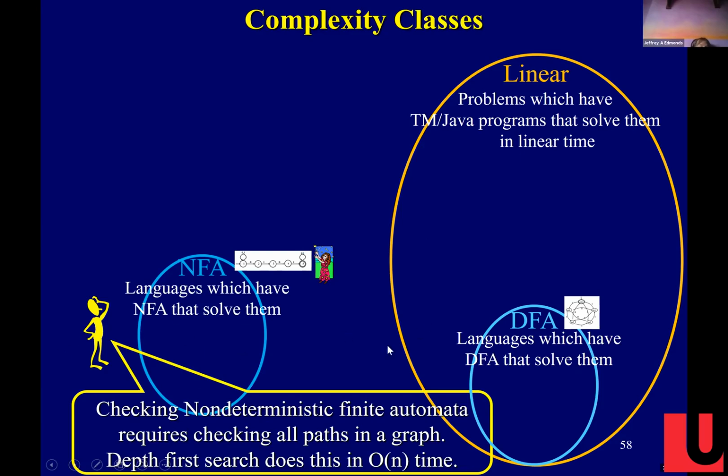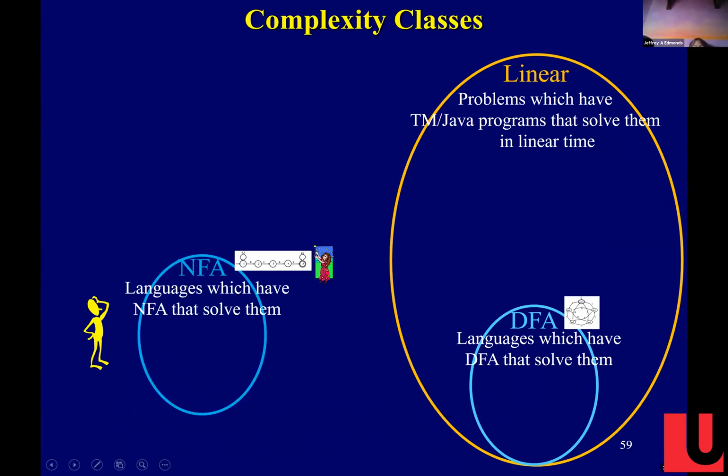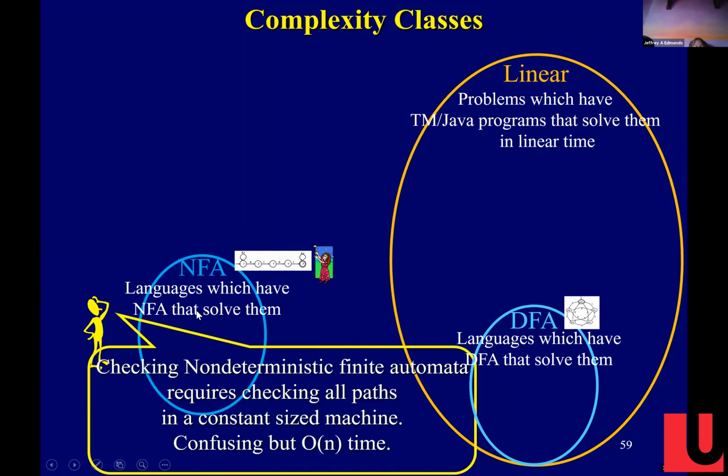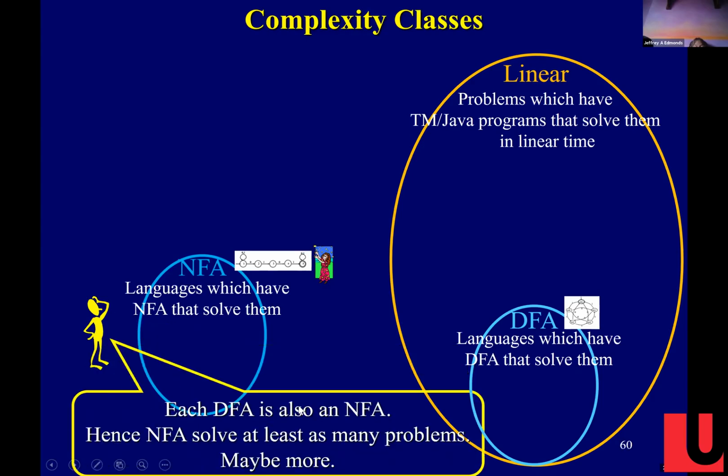You're looking for all paths, so you do depth first search through your NFA. And you might not know this, but you can solve depth first search in linear time. So there's a machine that can do it in linear time, and each DFA is also an NFA.